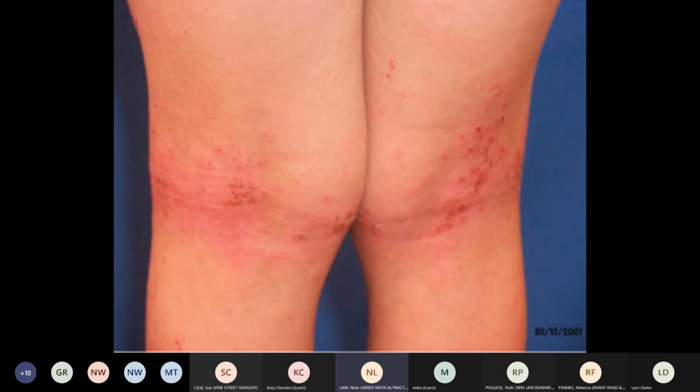Actually, because it's in the flexures, and the knee isn't quite as much as some of the other flexures, you're better with a cream than an ointment. And hydrocortisone, 0.5% or 1%. I would usually do 1%. I tend to save the 0.5% for babies, or sometimes faces if I need to use a steroid.